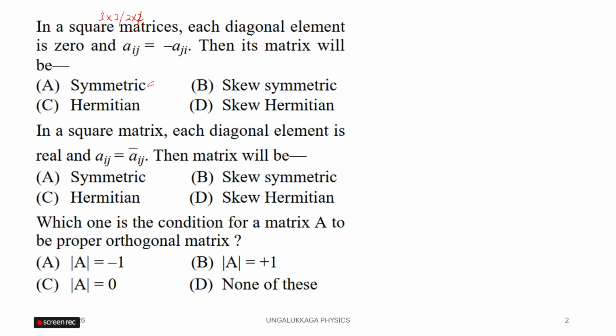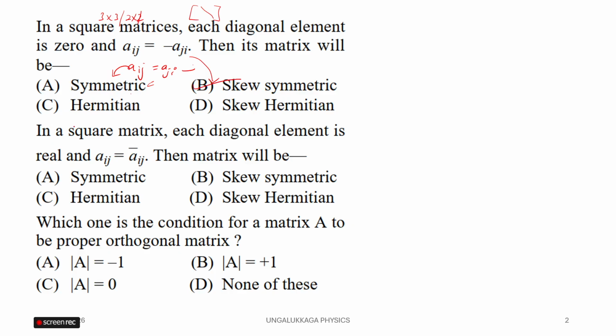If aij is equal to aji, we call that a symmetric matrix. If it's equal to minus aji, we call that a skew symmetric matrix. So this is what the answer is: skew symmetric matrix.